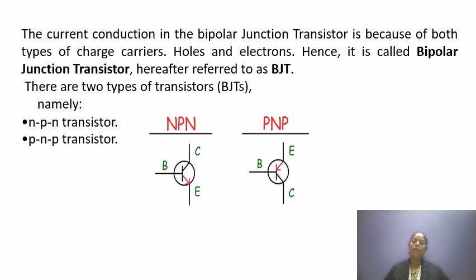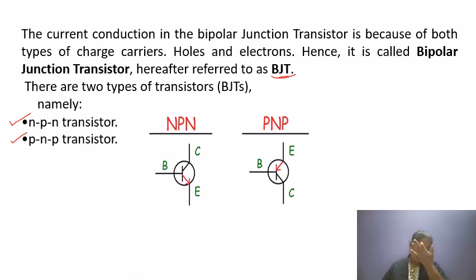But here we have both electrons and holes, based upon the NPN and PNP configuration, so it is called a bipolar junction transistor, or BJT. It is referred to as an NPN transistor and a PNP transistor. This is the symbol for NPN, and this is the symbol for PNP.